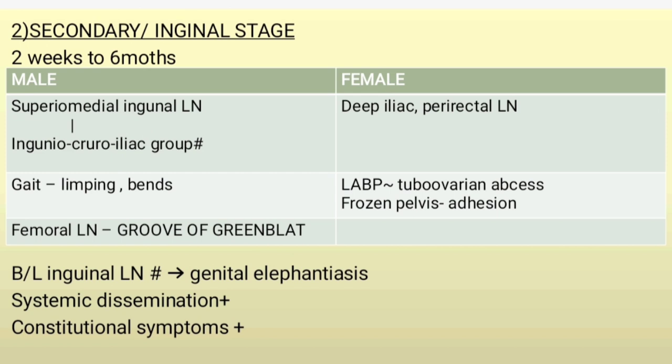In females, often deep iliac lymph nodes and perirectal lymph nodes are involved. The presentation will be lower abdominal pain, mimicking tubo-ovarian abscess or appendicitis, which may progress to involve the pelvis, and multiple adhesions will be formed leading to frozen pelvis. If bilateral inguinal lymph nodes are involved, it will lead to genital elephantiasis. Systemic dissemination and constitutional symptoms can be present. This is the groove sign of Greenblatt.